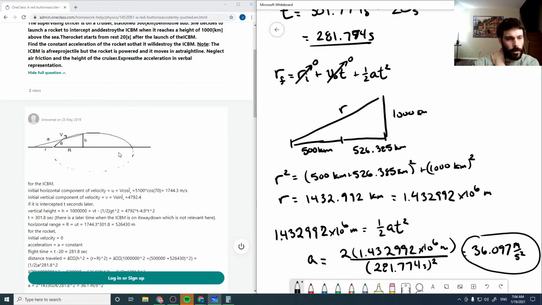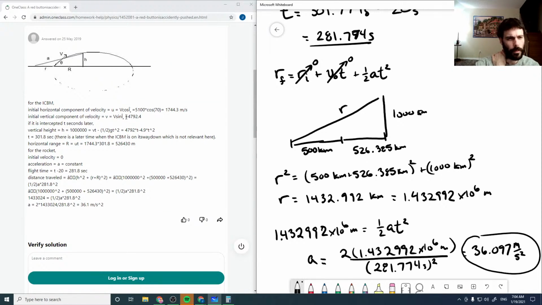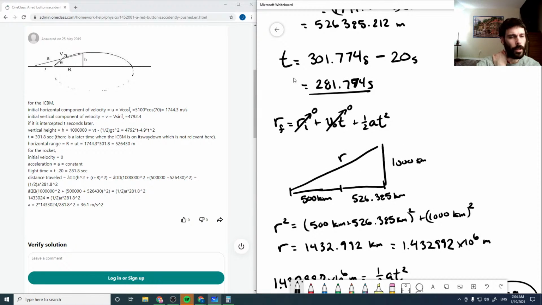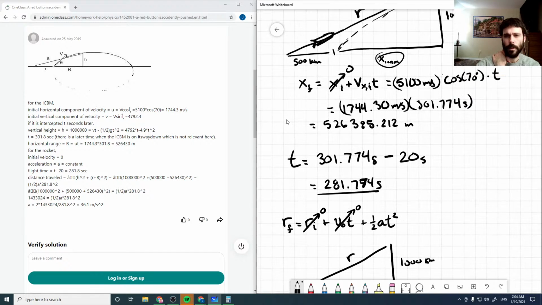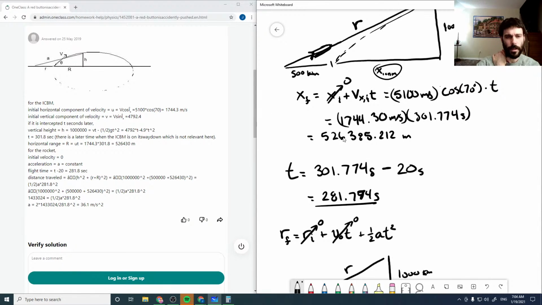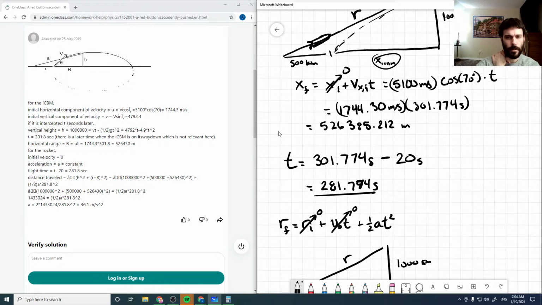Okay, so checking through the solution. So we need to find our time. It comes out to be 301.8 seconds, so that looks good. So we need to find the horizontal range, which comes out to be 526. So that looks good. Just some rounding differences there.